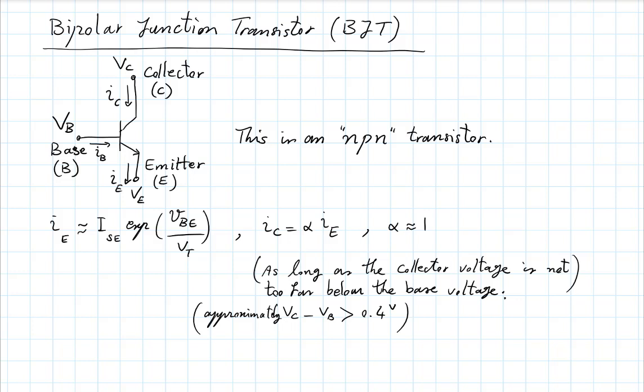So what is really happening here? What is it that makes this so valuable? If you say, well, all I've done here is taken a current in the emitter line and essentially duplicated it in the collector line, that may not sound very exciting. But what is important to keep in mind is the fact that the emitter current itself is the current of a diode.